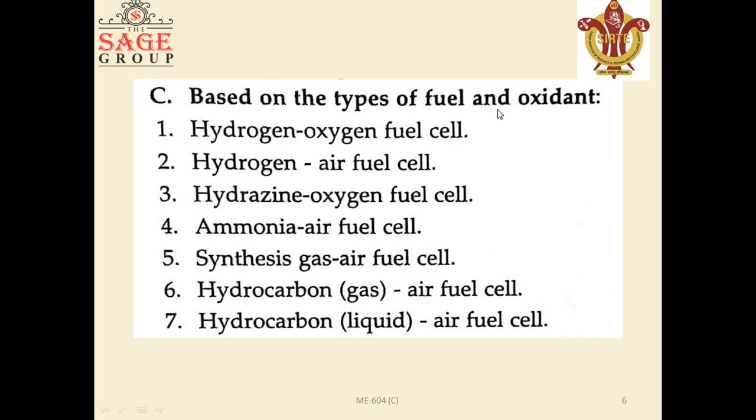And based on the type of fuel and oxidant, there are 7 types of fuel cells: hydrogen oxygen, that is H2-O2 fuel cell, hydrogen air fuel cell, ammonia air fuel cell, synthesis gas air fuel cell, hydrocarbon air fuel cell, hydrocarbon air fuel cell.